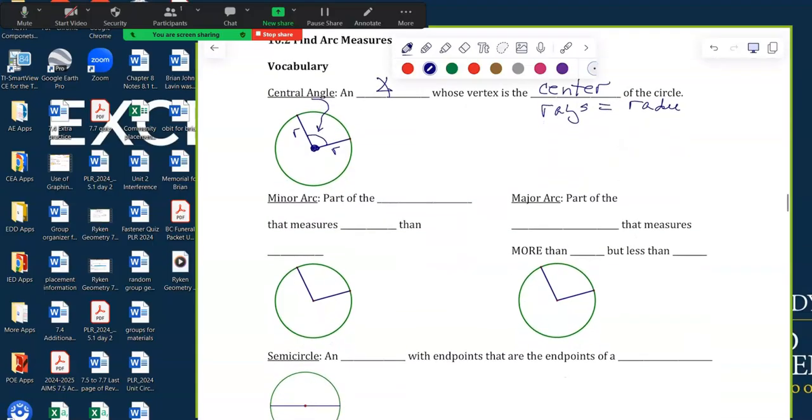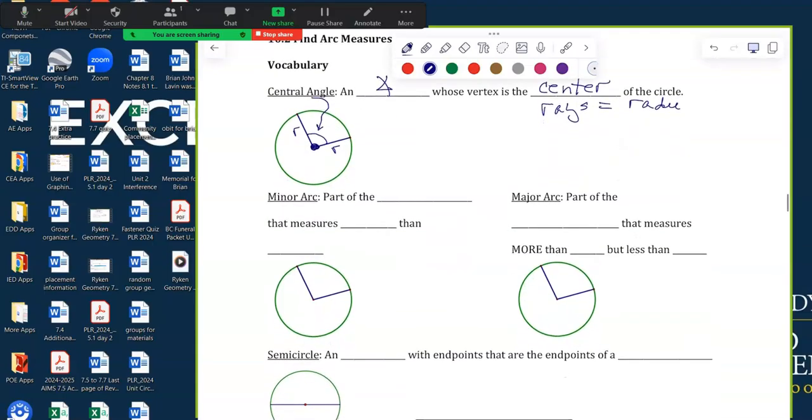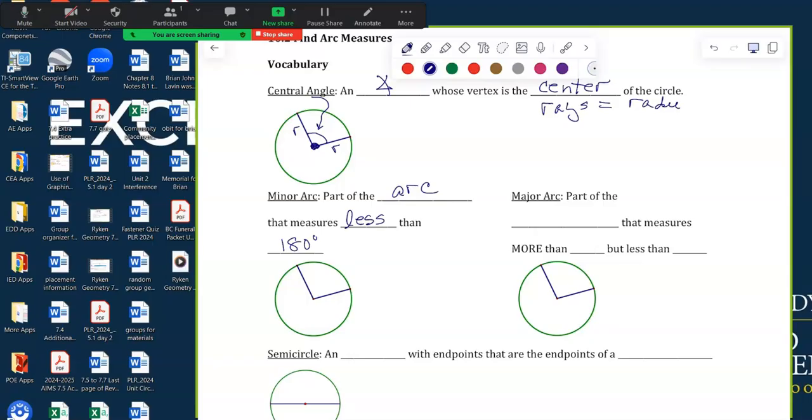Okay, a minor arc is part of an arc that measures less than 180 degrees. Okay, so here's a central angle right here. This is a central angle, and this is your arc out here.